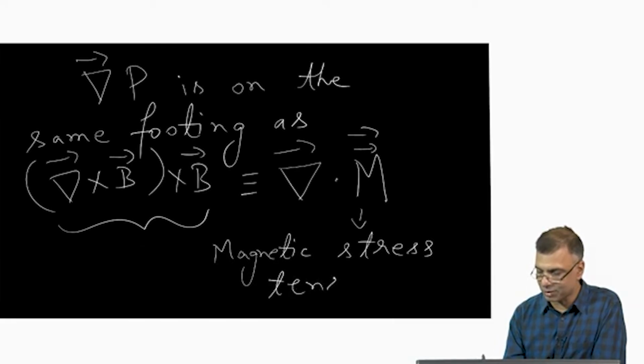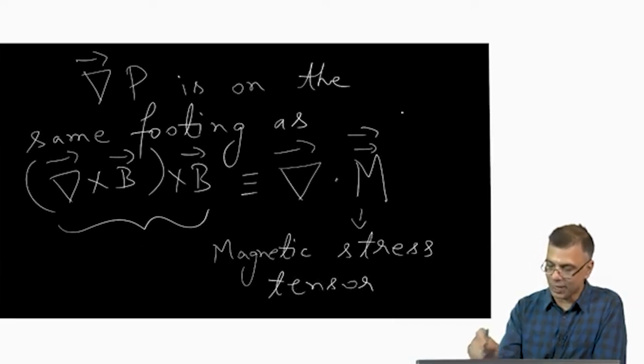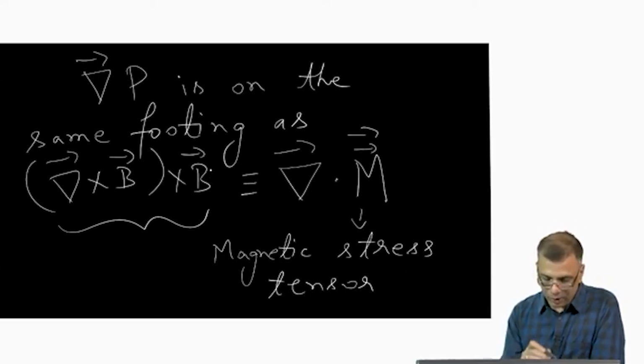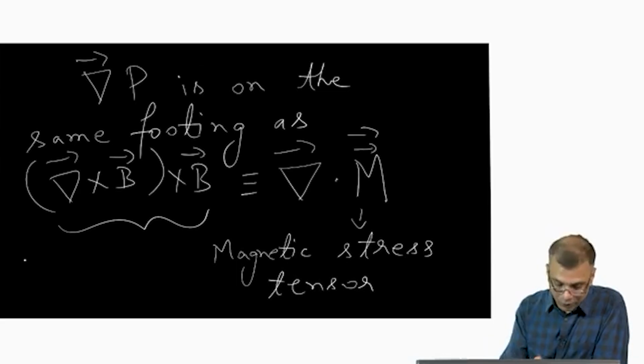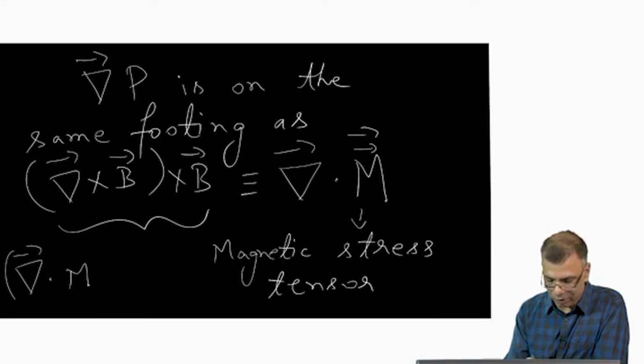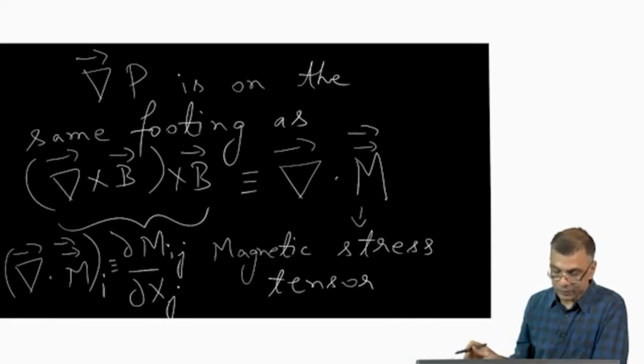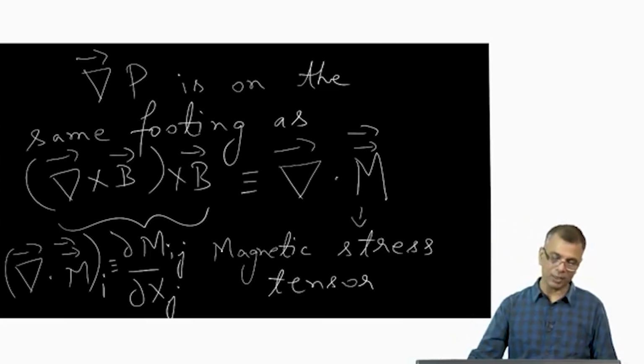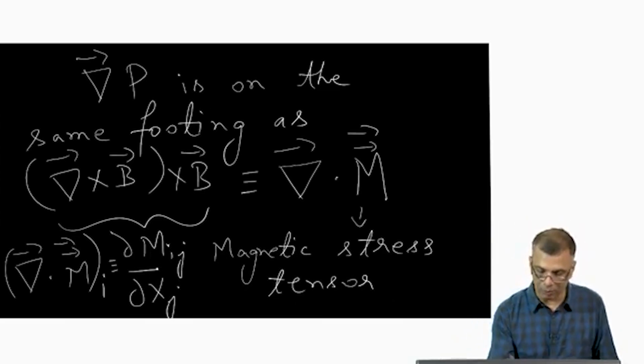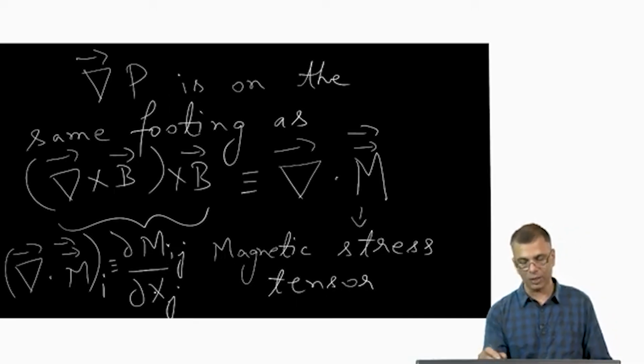So, this is a new tensor that we are introducing, this M, in order to understand what the B looks like. And essentially what does the divergence of a tensor look like? Well, the ith component of the divergence of this is just d m i j d x j, where as we have discussed many times before, the appearance of this repeated index simply means summation.